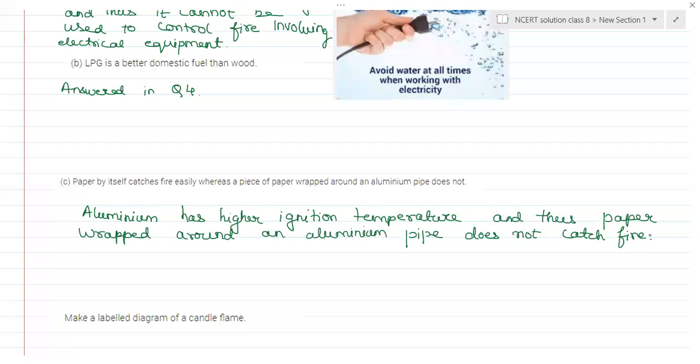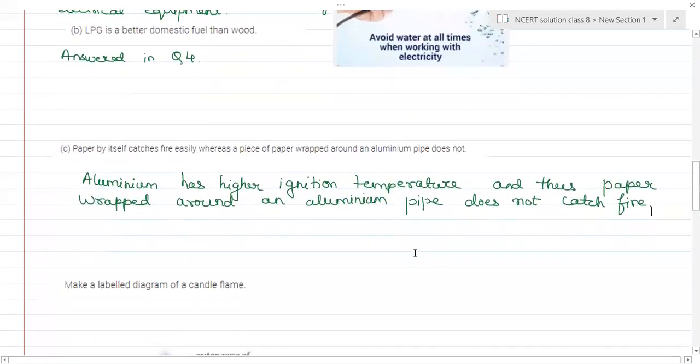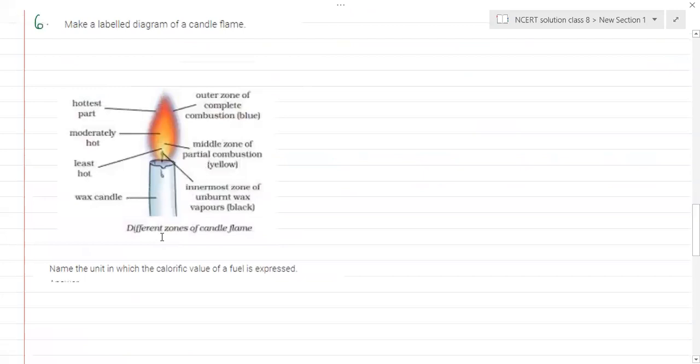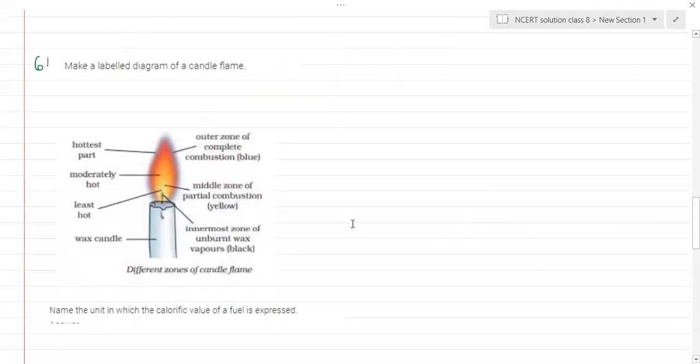Now the next question is also a very important question. The next question is asking you to make a labeled diagram of candle flame. This is the sixth question, and this is mostly asked in school, or any part of these zones can be asked to explain. So this is the innermost zone, which is black in color because of unburned carbon particles.